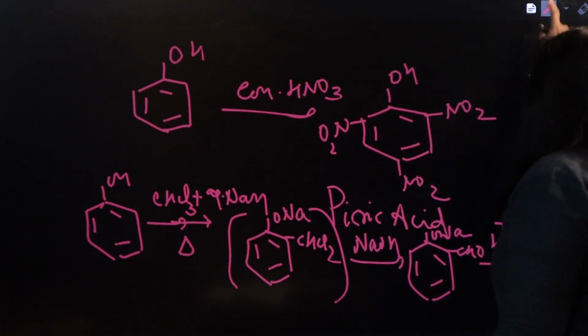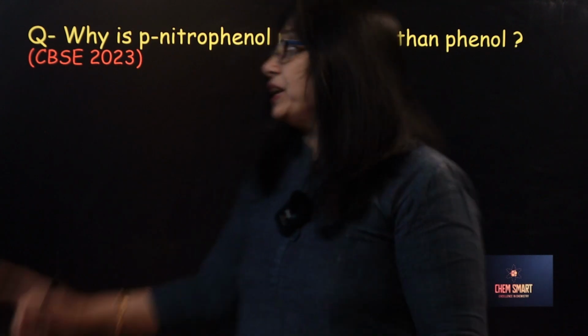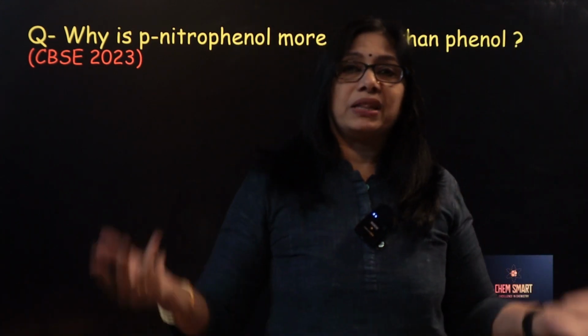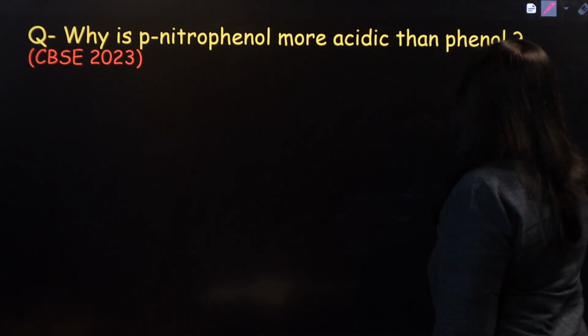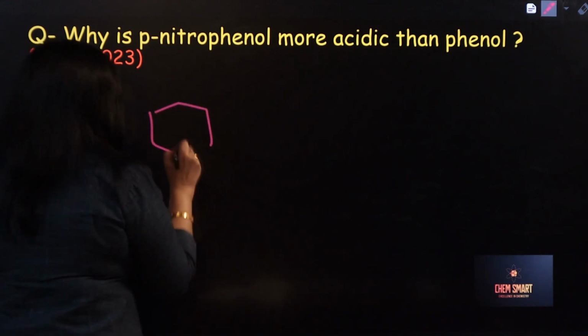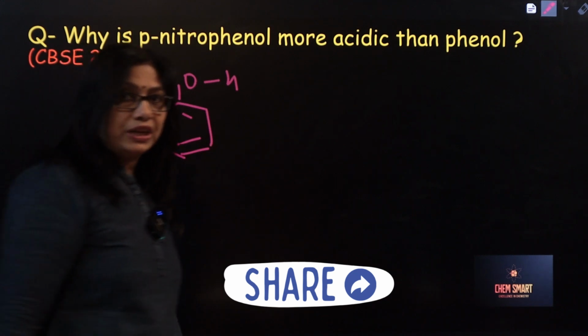Then the next question, why is paranitrophenol more acidic than phenol? So you have to compare the acidic nature of paranitrophenol and phenol. You know, something is acidic if it can give out H plus very easily.